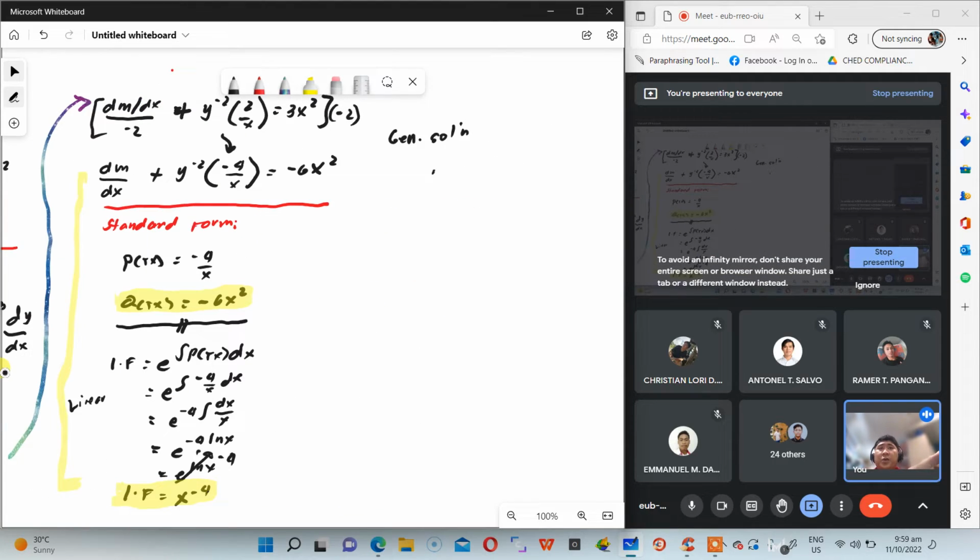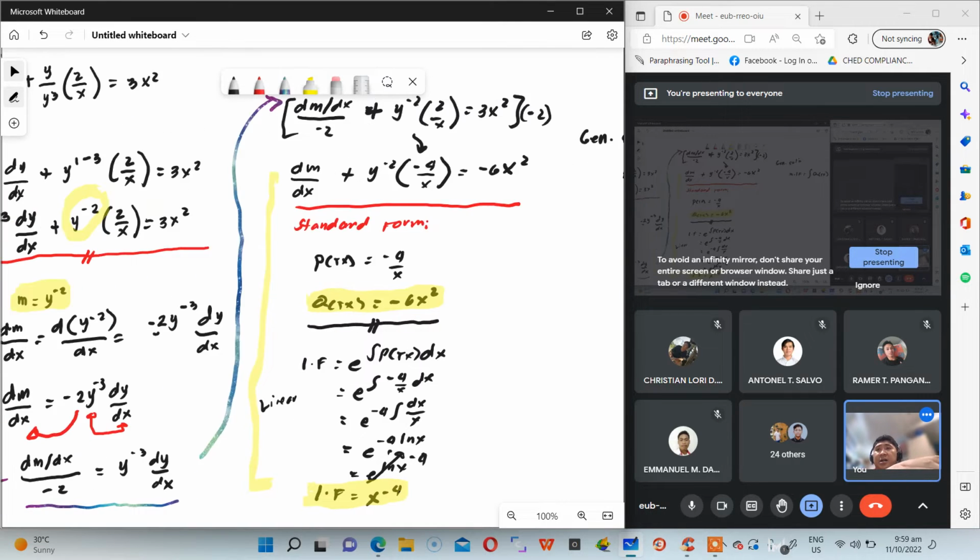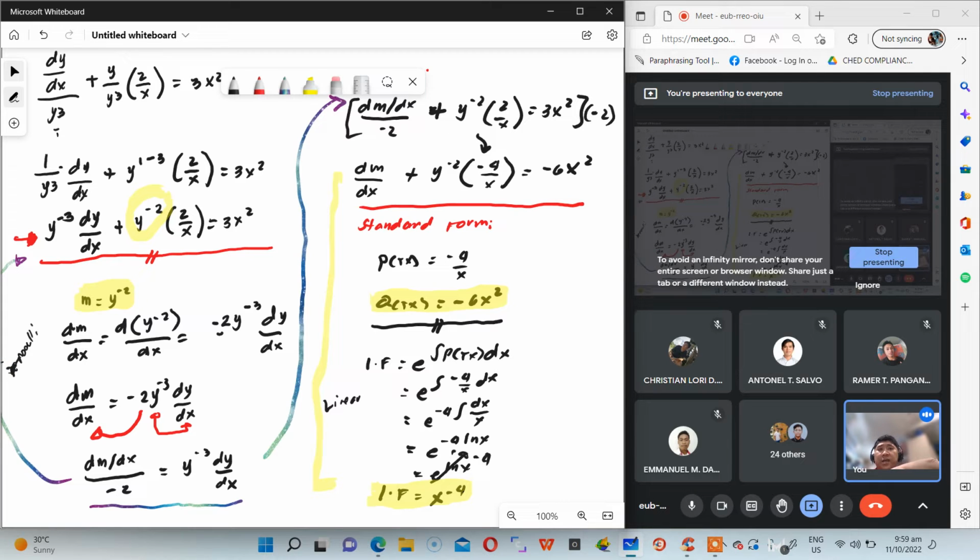But what we will be, our general form will be m times integrating factor equals, this is the formula, the integral of q of x times integrating factor dx plus c. So that's the reason why I highlighted the m, q of x, and integrating factor, because we'll just substitute it.